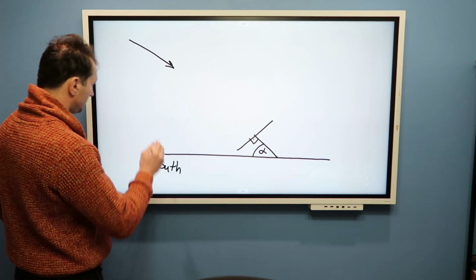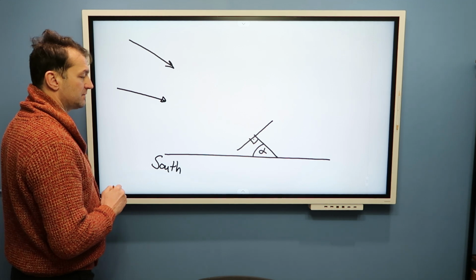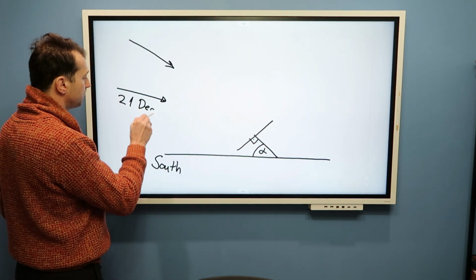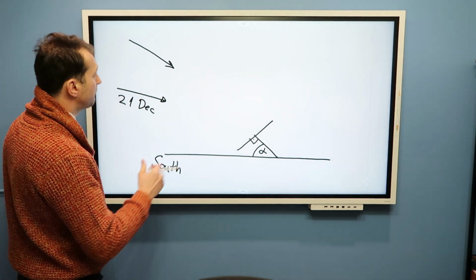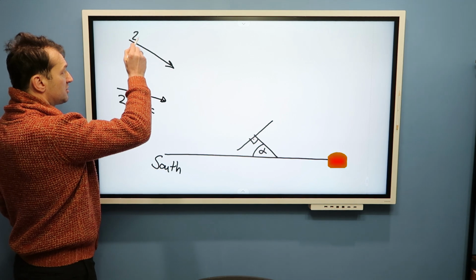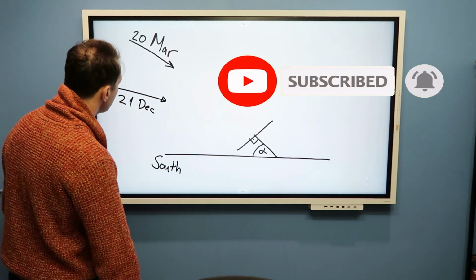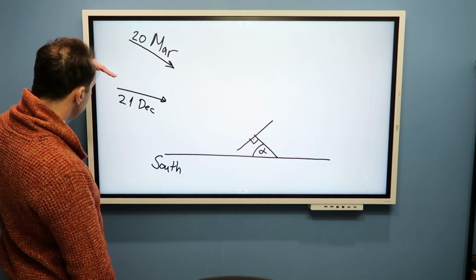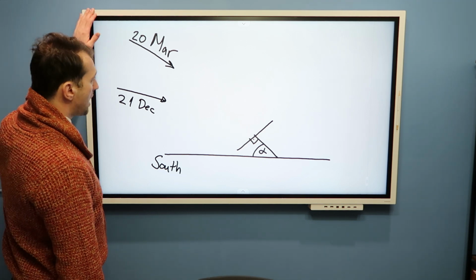To do that, we will consider two particular dates. One is the first day of winter, 21st December, and the second is the last day of winter, or rather the first day of spring, which is 20 March. And of course, on 21st December, the sun will be lower in the sky at noon than on 20 March.